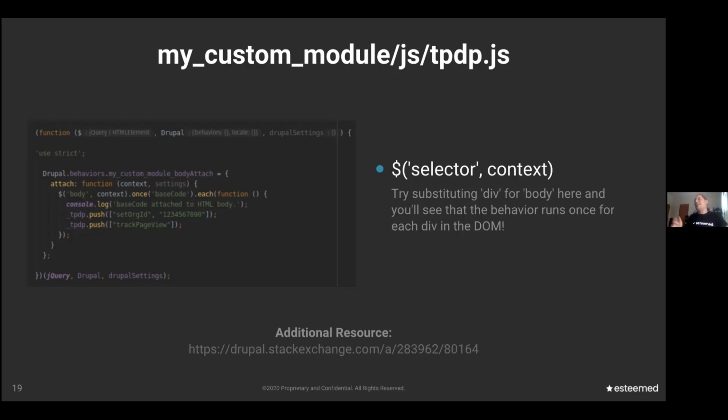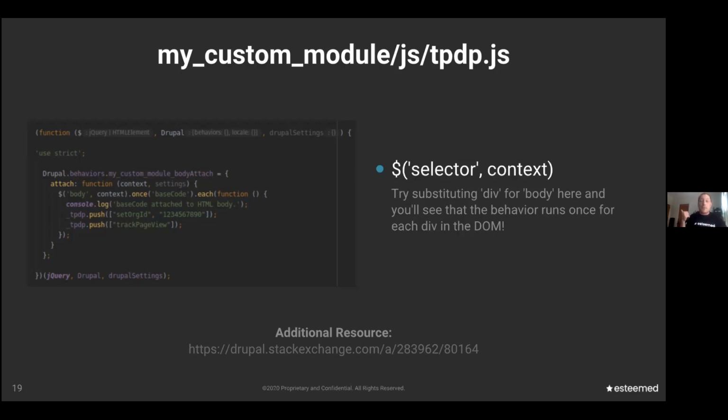Where it says once, base code, each function, it should say body, context. There it is at the beginning. Sorry, guys. Attach function, context, settings, body, context. Can you read that? Hopefully you can. That's what gets attached once to the body.